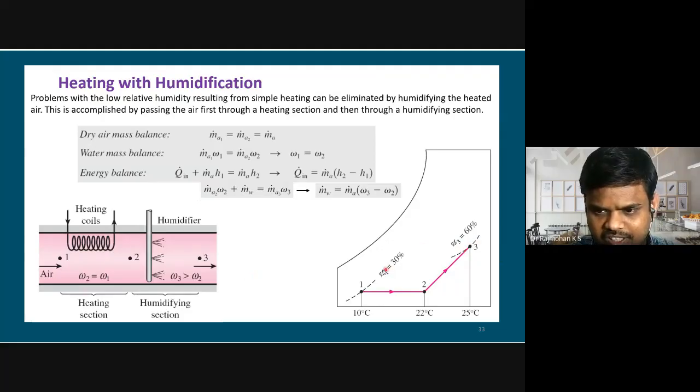And as we are heating, obviously the relative humidity will decrease. So if you are leaving here, the relative humidity might have decreased, but by humidifying, we are actually increasing the absolute humidity and the relative humidity.